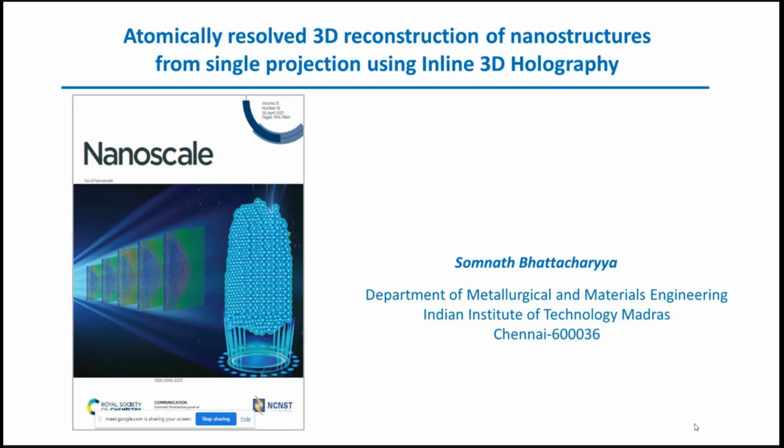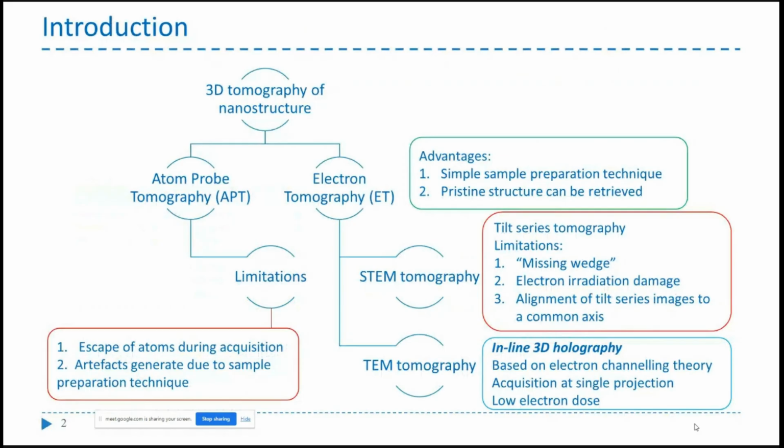This method which I'm going to present was previously developed by Peng Chen and Van Dyck, but it was developed for a very high-end microscope, which has spherical aberration and chromatic aberration correction, and the sample is hanging with no supporting film under the sample. So we thought about how to bring it down to the level where a normal high-resolution microscope can be used, and we modified the method.